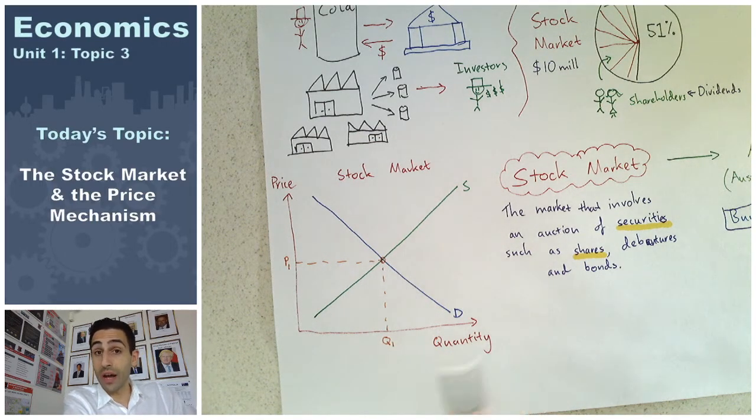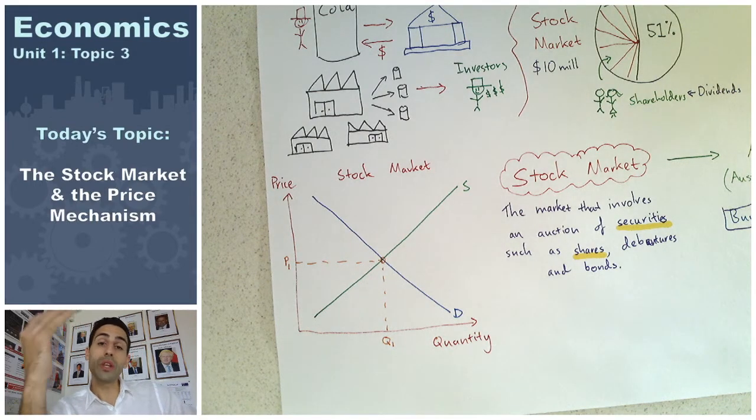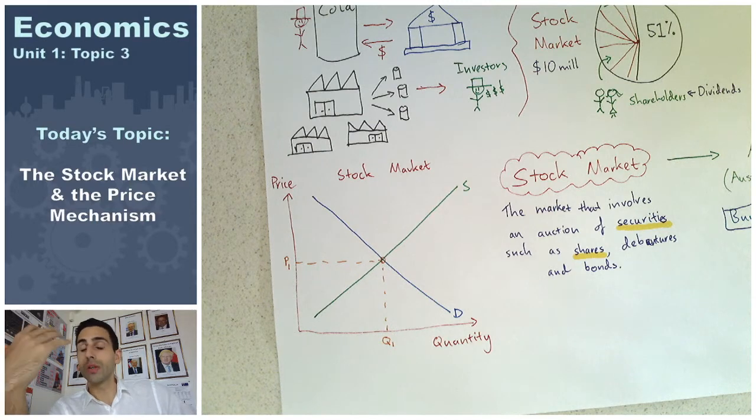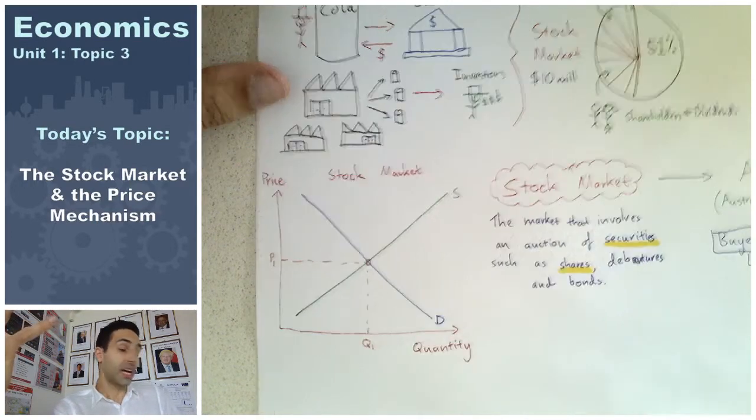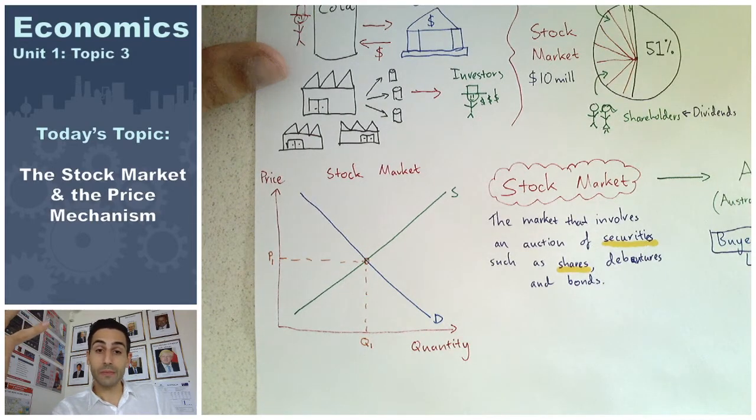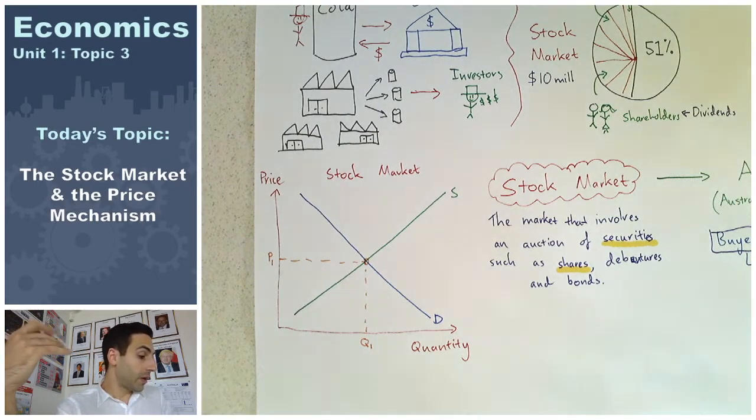Their shares have gone up since they bought them. And when you sell shares for more than you bought them, you're getting capital gains. That's, I guess, the profit on selling an asset for more than you purchased it for. You're selling it for capital gains.